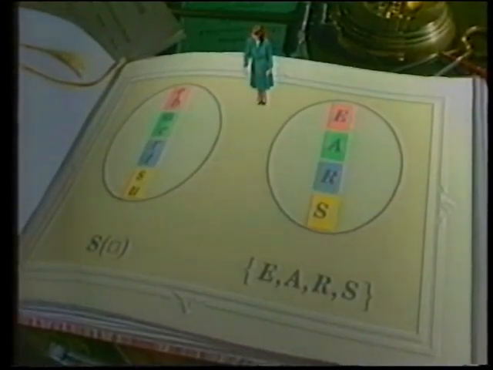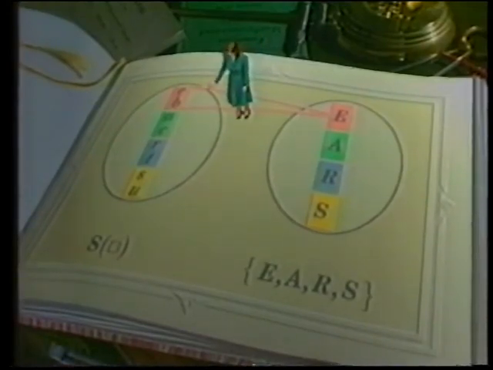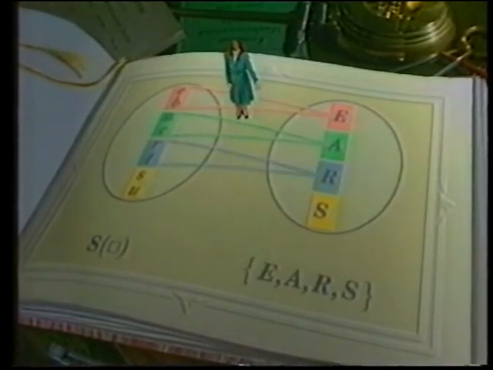When we blocked the Cayley table for S square, we clumped together these pairs of elements. And this gives a mapping from S square to the set E, A, R, S. For example, the elements E and B are mapped to E. A and C are mapped to A. R and T are mapped to R. And S and U are mapped to S. And E, A, R, S forms a group isomorphic to the Klein group.